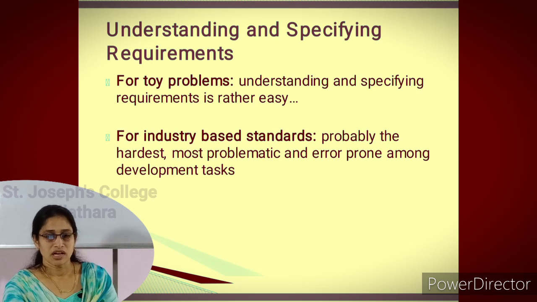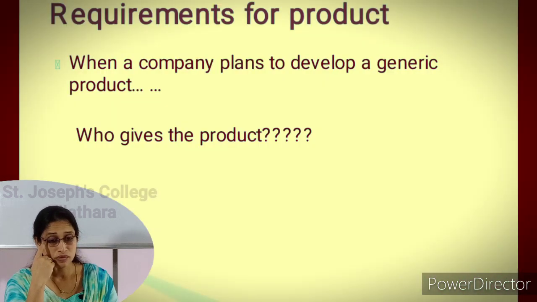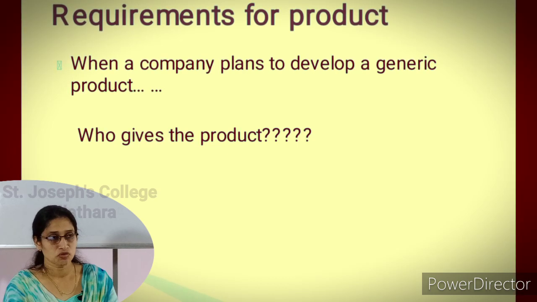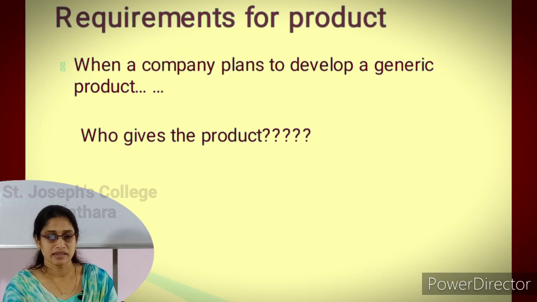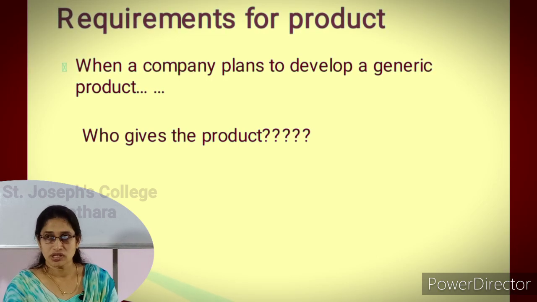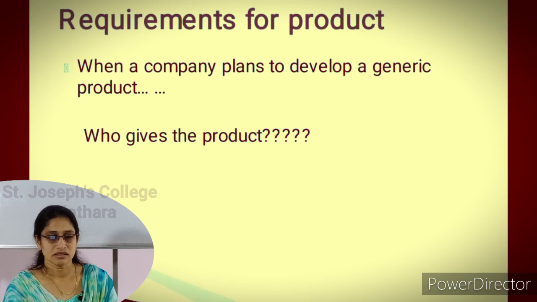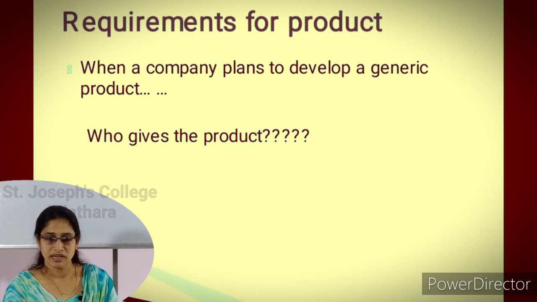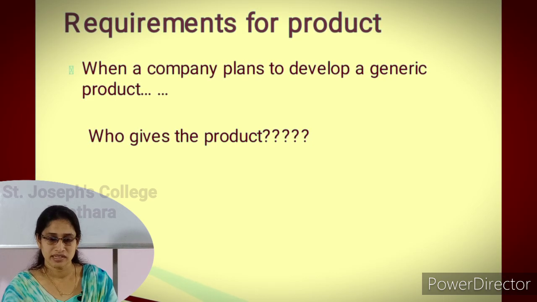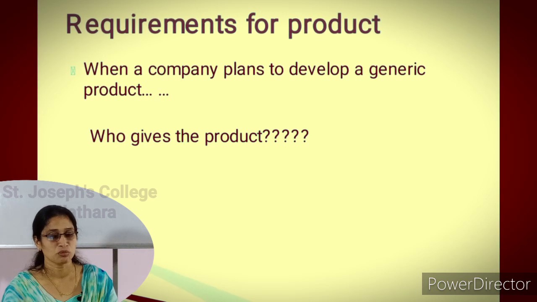So we have been saying that requirements are there in the client's mind and we need to gather them and document them. But what about the case where a company wants to develop a generic product? That is some product which may be useful to people. In this case, there is no specific client here. The company wants to develop something hoping that there will be many buyers for it. For example, a company might like to develop a health embedded product which will monitor various health parameters and give feedback to people.